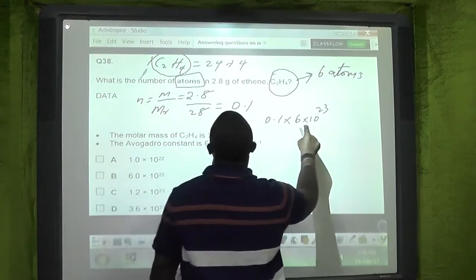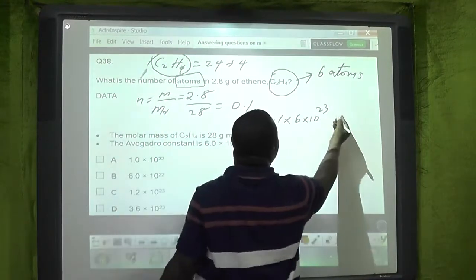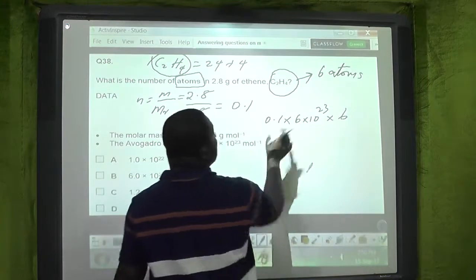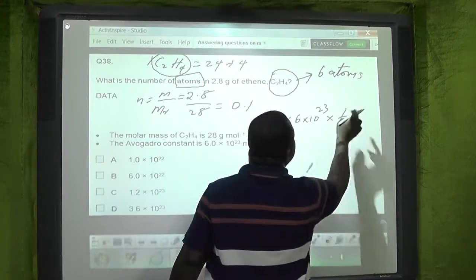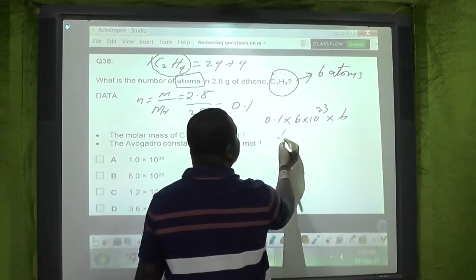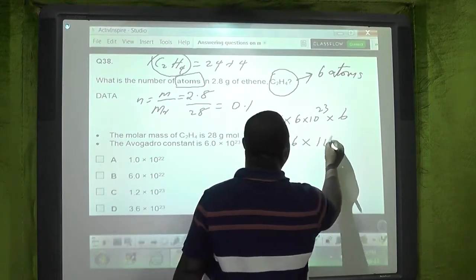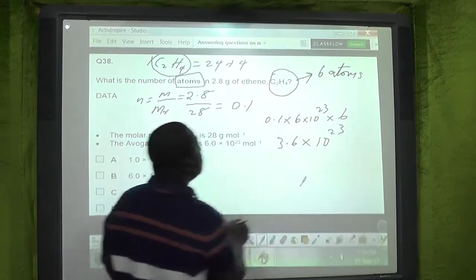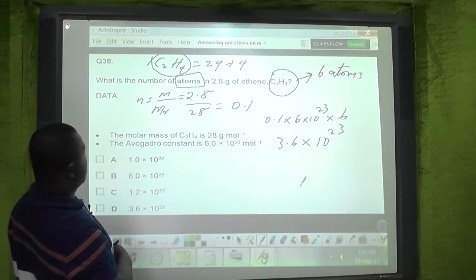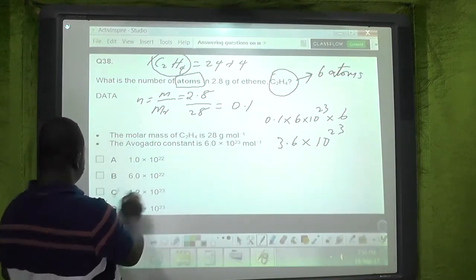But each molecule has 6 atoms, and it is atoms we are looking for. So the number of atoms will be multiplied by another 6. Our answer will be 3.6 multiplied by 10 raised to power 23, which is our answer D.